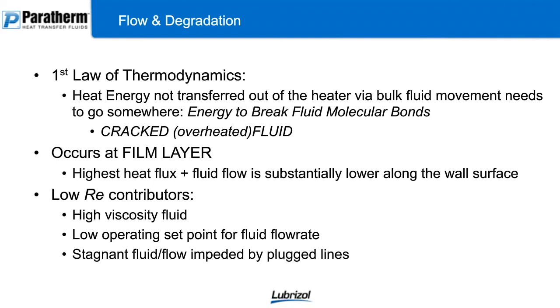If you have a set point that you have operating for your fluid flow rate, but you have a fluid that's not really designed for what your purposes are, you're going to have problems right there from the start. And again, a really serious problem, once your system degrades, or if you're not properly starting and shutting down, you have stagnant flow or flow that's impeded by plugged lines due to degraded fluid. That's going to be a serious issue there as well.